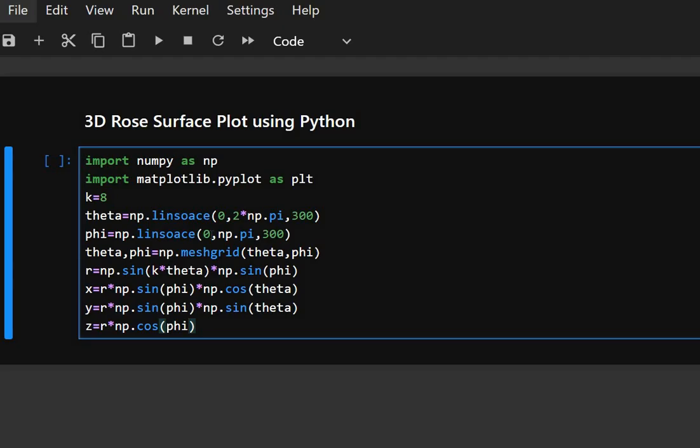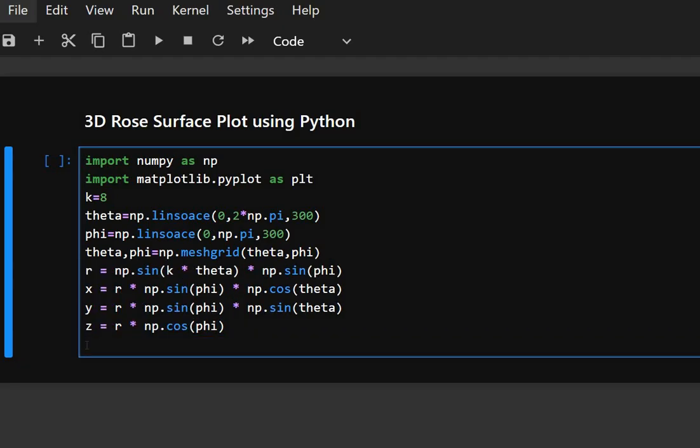This converts spherical coordinates r, theta and phi to Cartesian coordinates x, y and z, where x equals r sin(phi) cos(theta), y equals r sin(phi) sin(theta), and z equals r cos(theta). This gives a 3D shape based on the rose function wrapped over a sphere.